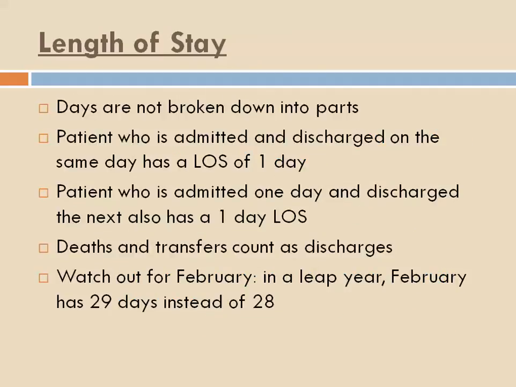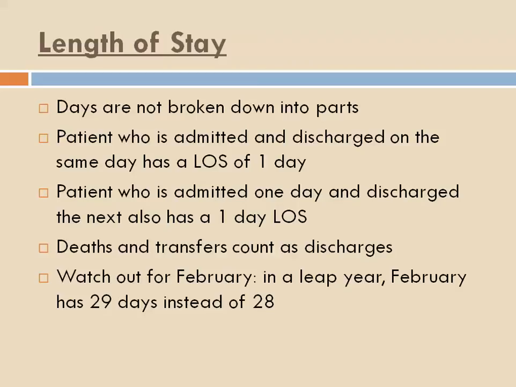Okay, a few rules to remember about length of stay. One is that the days are not broken down into parts. In other words, if a patient is in care for 1 minute, or 1 hour on a specific day, then the whole day will be counted. A patient who is admitted and discharged on the same day will always have a length of stay of 1 day.